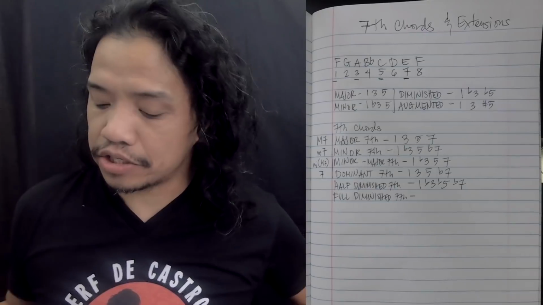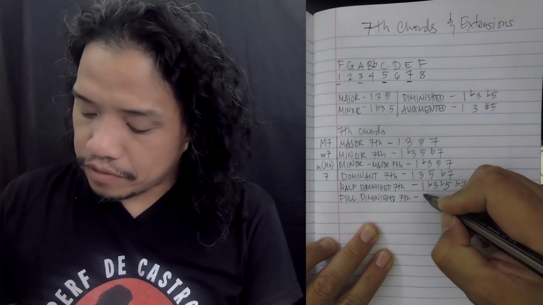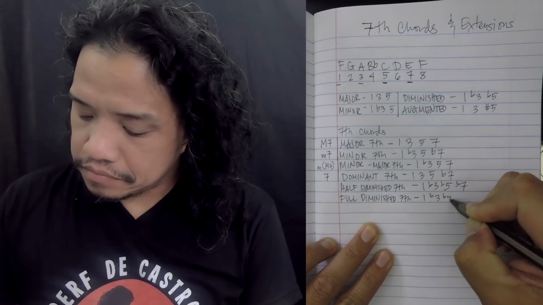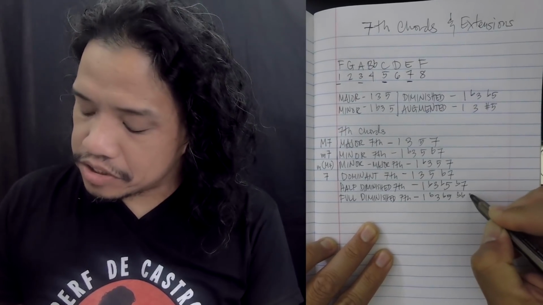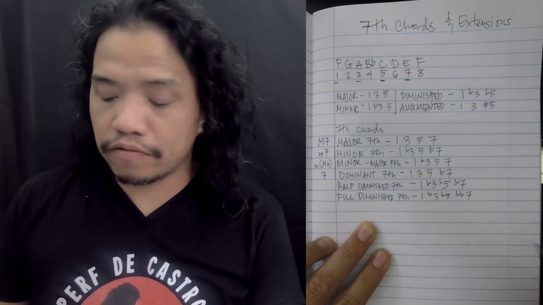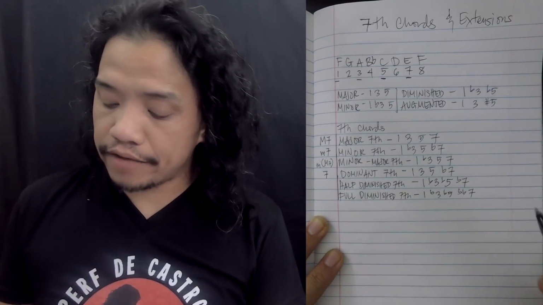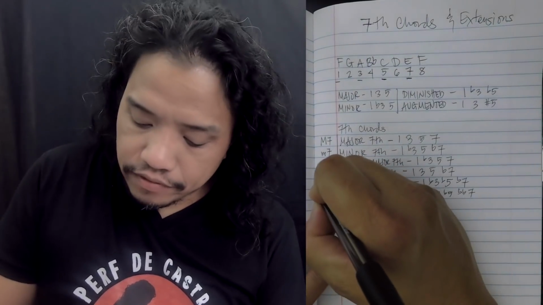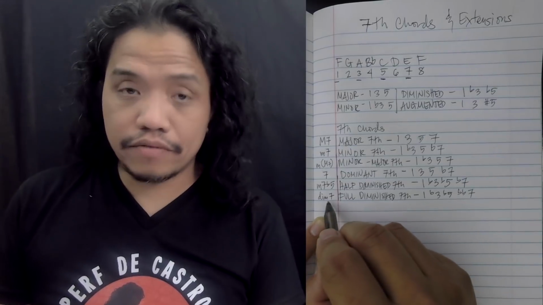The 7th is just a minor. So to get the fully diminished 7th, we have the diminished triad and a diminished 7th, which is a double flat 7th. Now, as for the designations, the common shorthand for the half diminished 7 is a minor 7 flat 5. And the fully diminished 7 gets the diminished 7 shorthand.